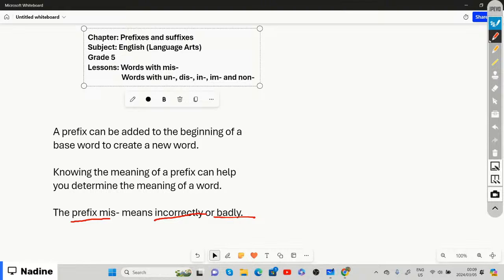So whichever base word the prefix miss attaches to, that word is going to become almost like a negative word.